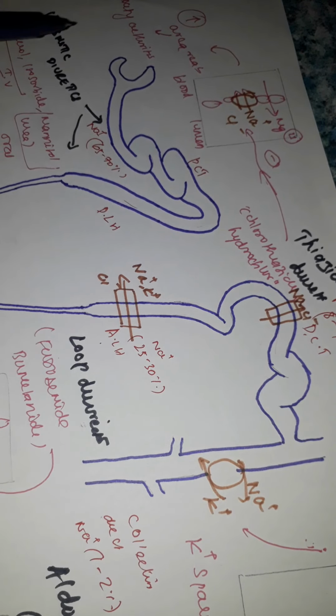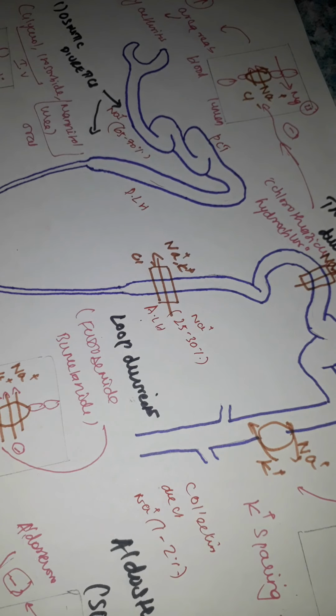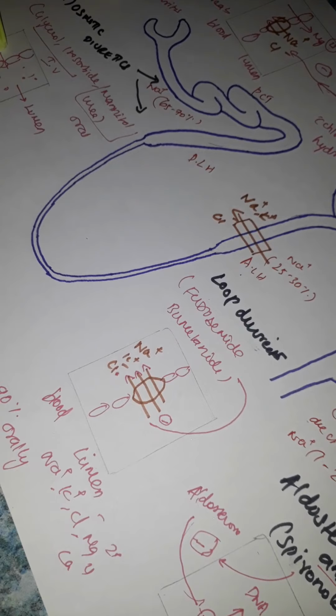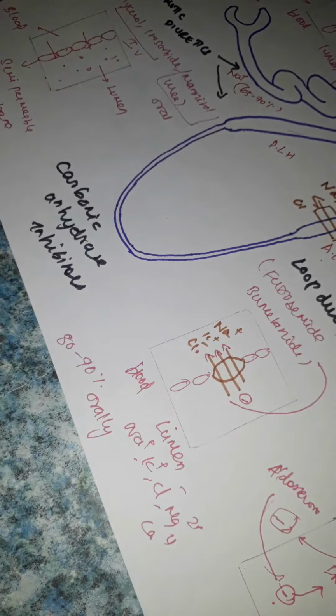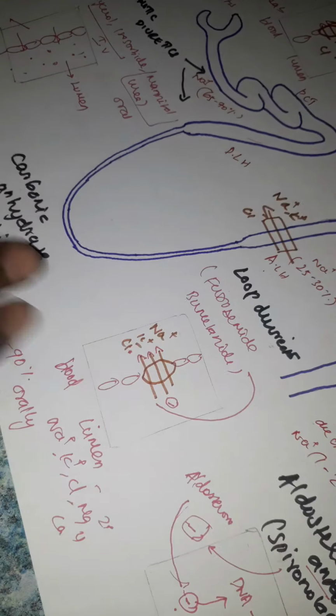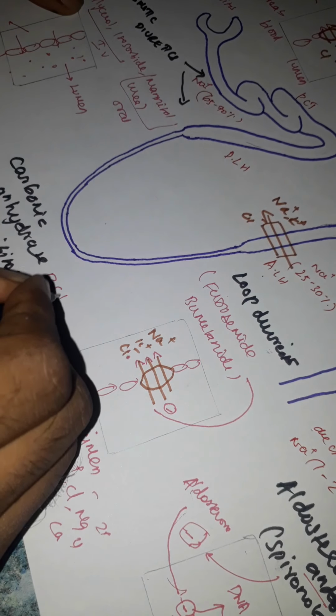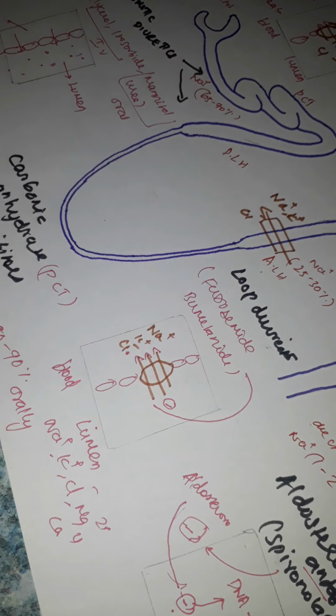Another one, which is not that important, is the carbonic anhydrase inhibitors. They act on your proximal convoluted tubules. They will inhibit sodium bicarbonate reabsorption.